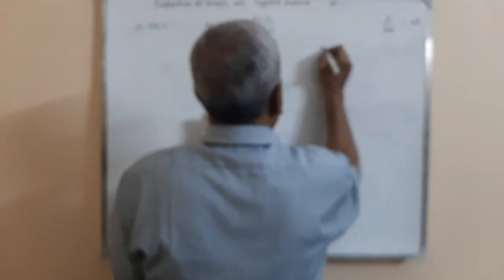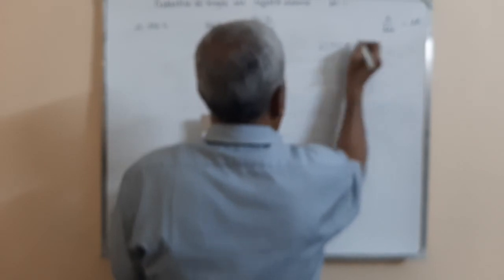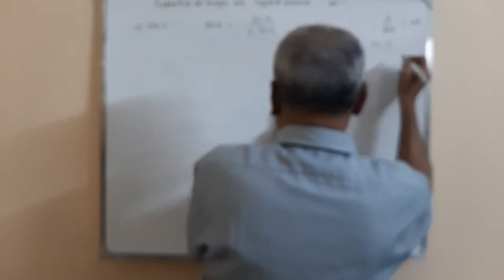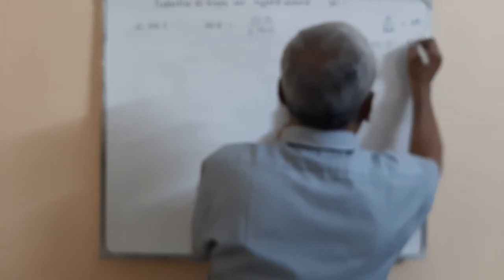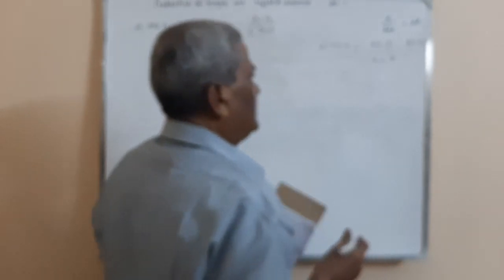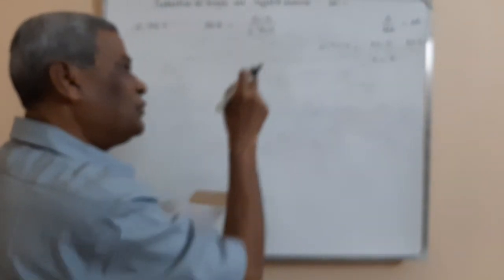First option, A is equal to B is equal to C, that is equilateral triangle. Number 2, A is equal to C. Number 3, B is equal to C. Number 4, A is equal to B. These are the options. Now you see, all results are in terms of sides, so try to convert all these things in terms of sides.